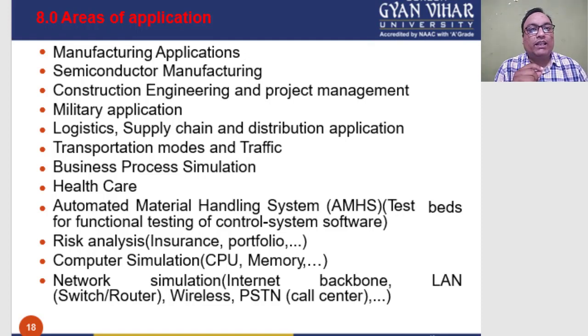Then the automated material handling system, and test beds for functional testing of control system software, and risk analysis, which also gives the insurance portfolio. And computer simulation, such as CPU or memories, and network simulation, such as the internet backbone, LAN switch, router, wireless, PSTN, and call centers.